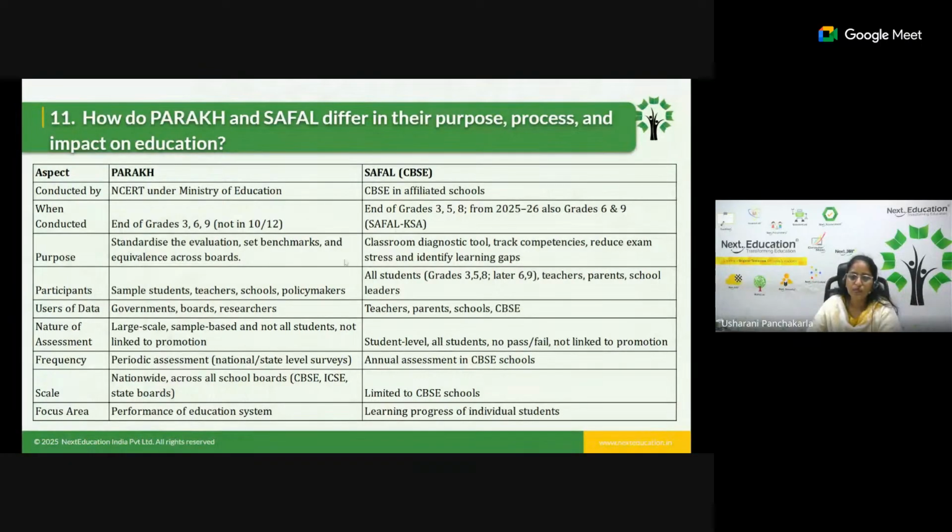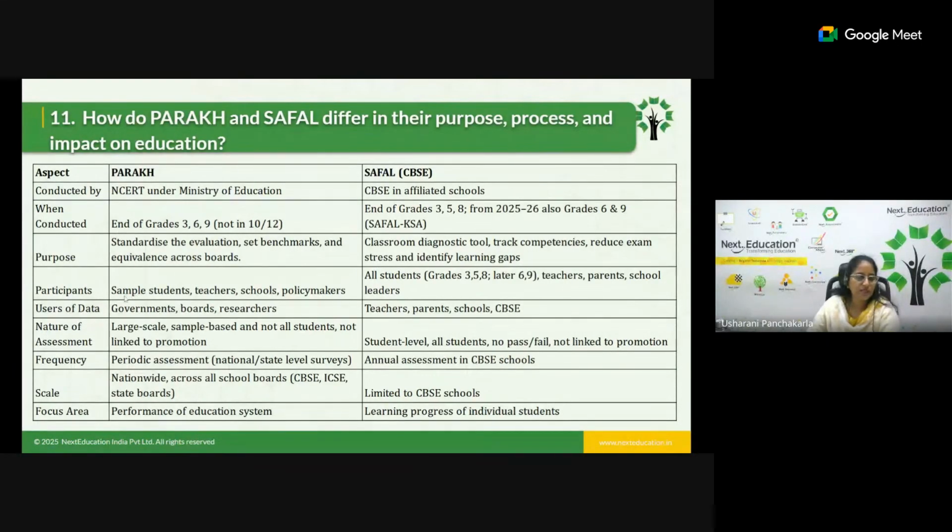So in both cases, we are not using the PARAKH assessment or SAFAL assessment for the promotion of the student from grade 1 to grade 2. It is only to give equivalence or standardize the assessments used across the boards, and mainly to identify the learning gaps, and to make the student competent enough to attempt international assessments like PISA or TIMSS.